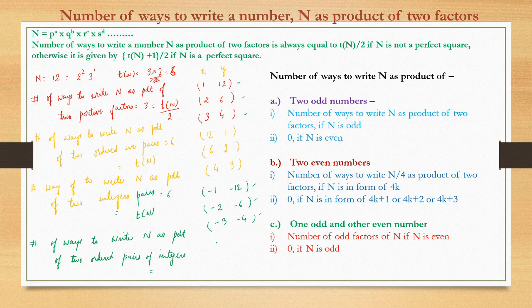Then we will also take minus 12, minus 1, minus 6, minus 2, minus 4, minus 3. So these cases would also be there. So now all the cases would be there, which is nothing but 12 cases. 12, and 12 is nothing but 2 times the total number of factors of n. So I hope this concept is clear.